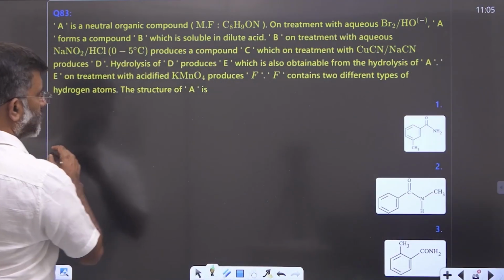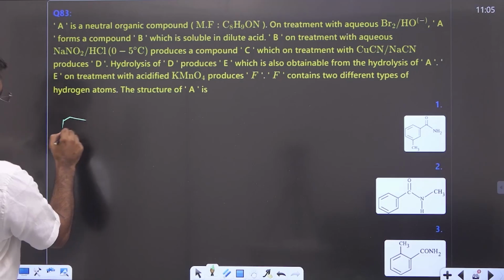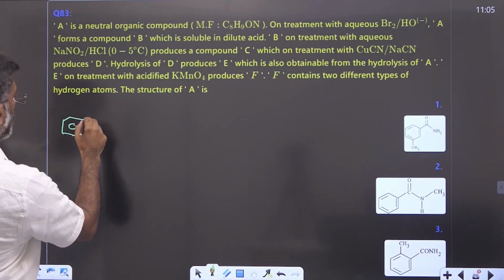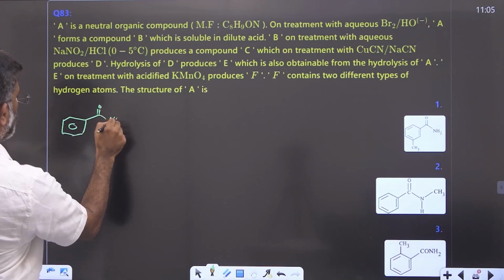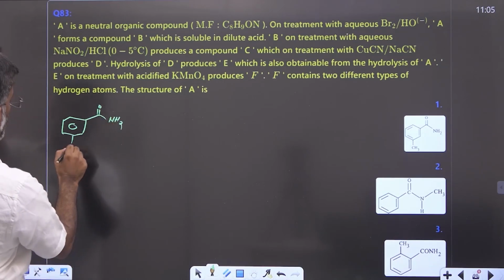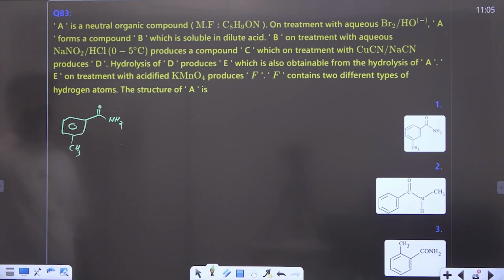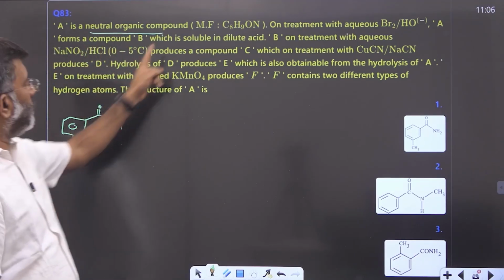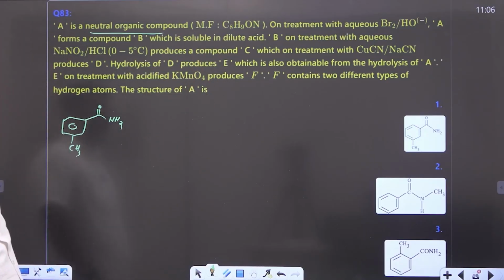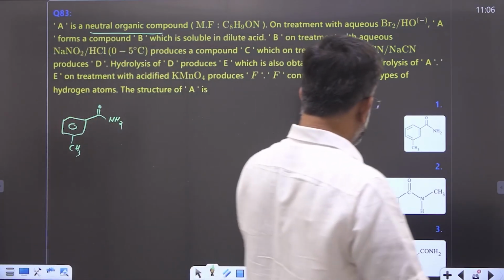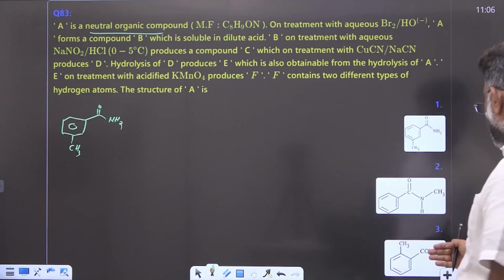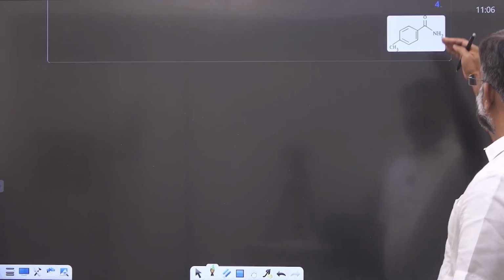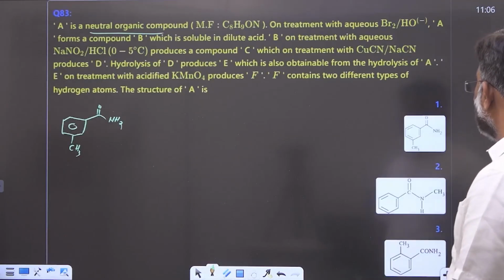Suppose we take up the first option. See this molecule. This is a neutral organic compound, no doubt. Framing the formula perfect. All the molecules you can see are neutral only.